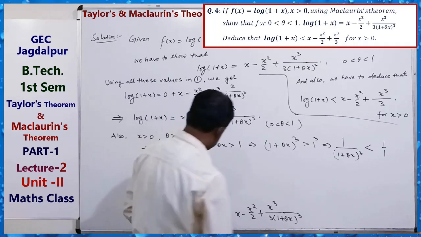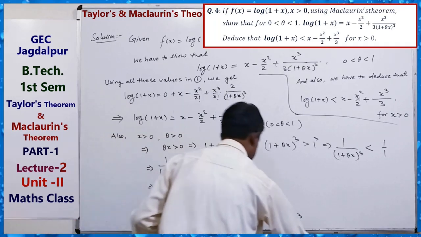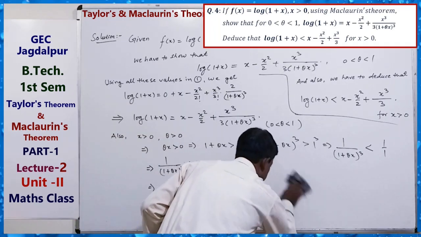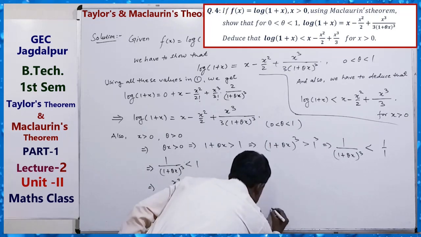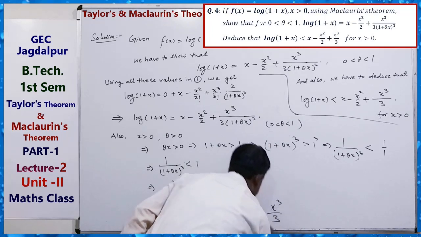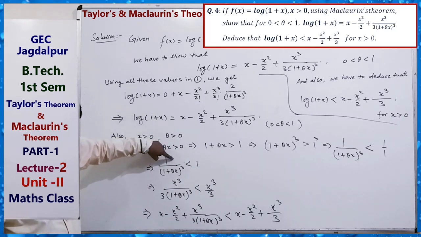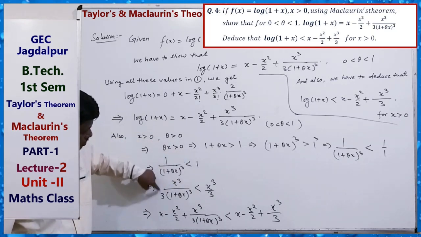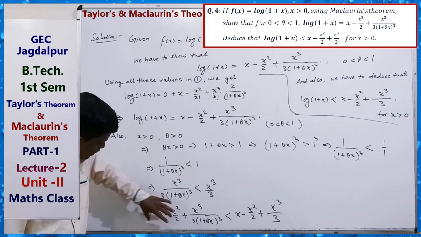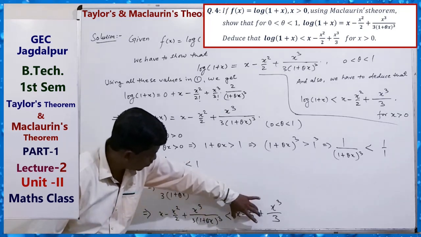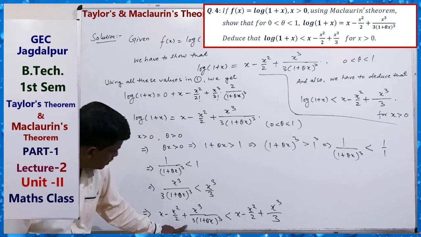Multiply on both sides x cube and divide by 3, then add the same terms on both sides. So this quantity is less than this.